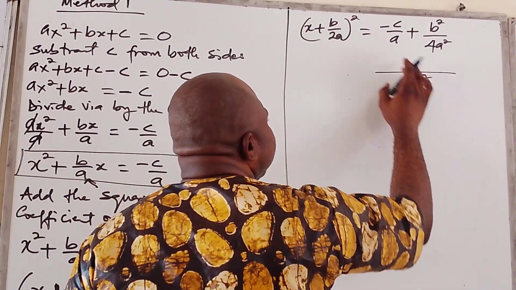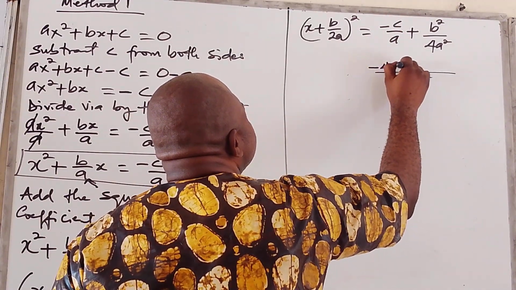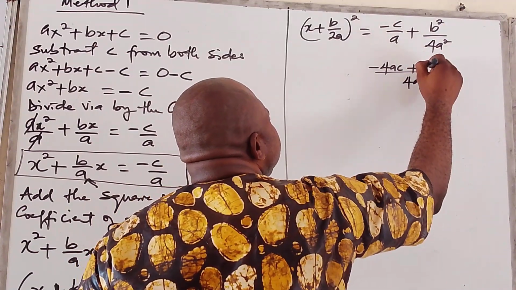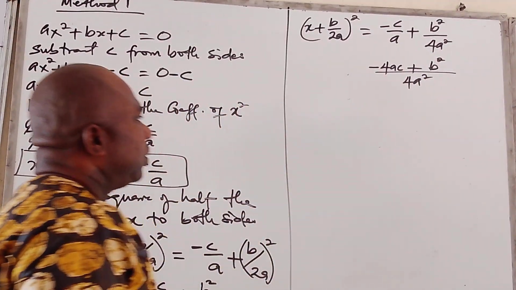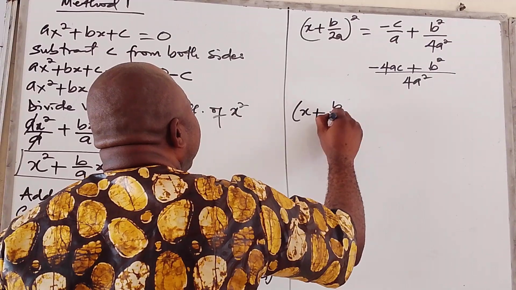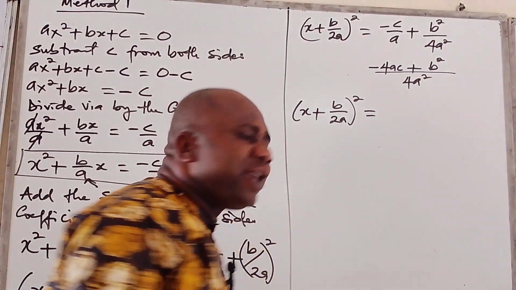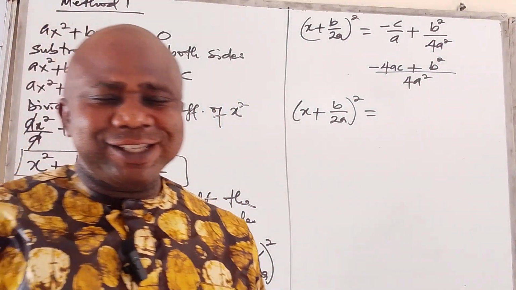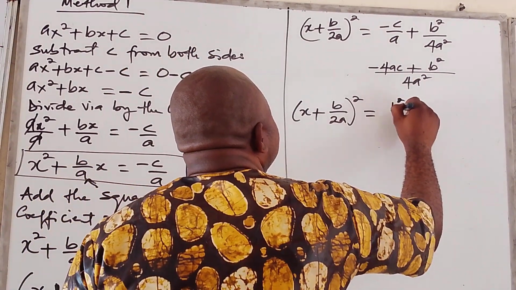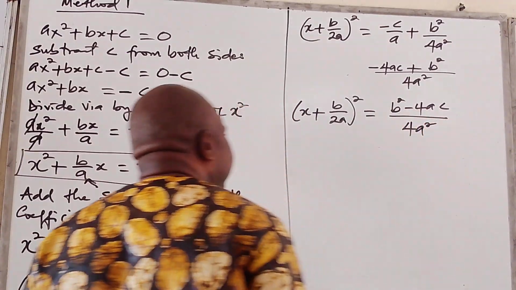A into 4a squared is 4a. 4a times minus c is minus 4ac, plus 4a squared into 4a squared is 1, and 1 times b squared is b squared. So it therefore means that (x plus b all over 2a) all squared is equal to minus 4ac plus b squared, which is the same thing as b squared minus 4ac. So here we have b squared minus 4ac all over 4a squared.